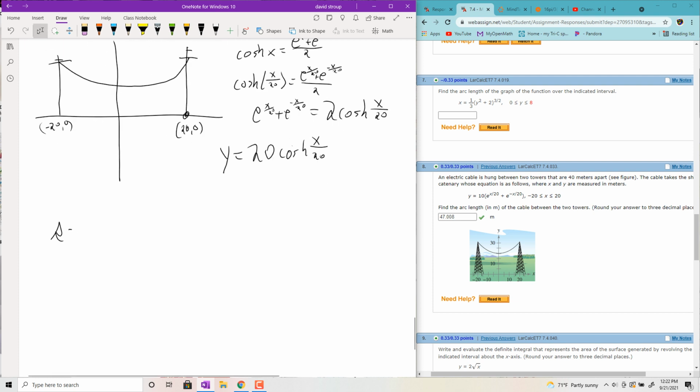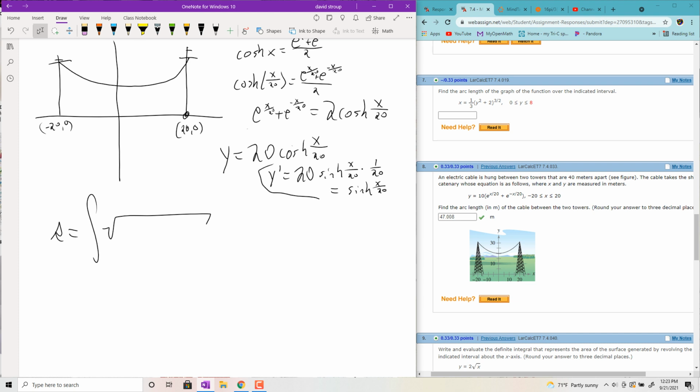All right. So my arc length formula S is the integral of the square root of, I need the derivative, so y prime is going to be 20 sinh of x over 20, and then the chain rule 1 over 20. So that's equal to sinh of x over 20 for my derivative. So I have 1 plus that thing squared, so sinh squared of x over 20.